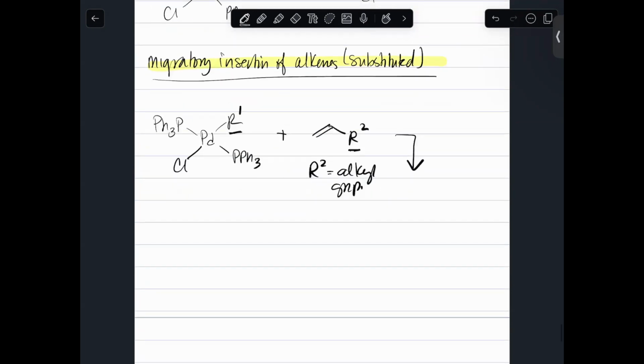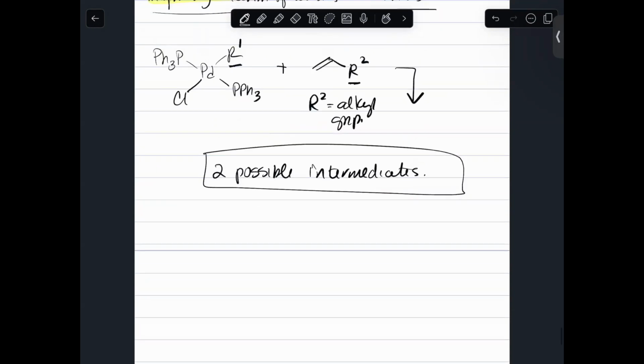Okay. There are two possible intermediates for this reaction. And so what do I mean by that? What I mean by that is that the alkene can complex to put the palladium in two different directions.